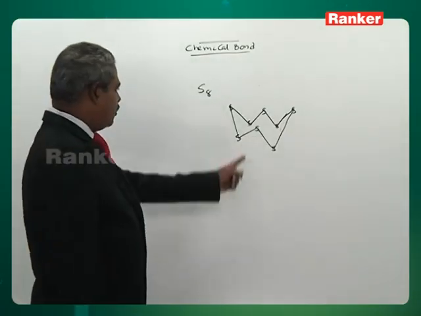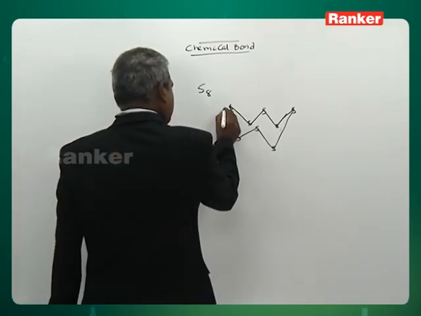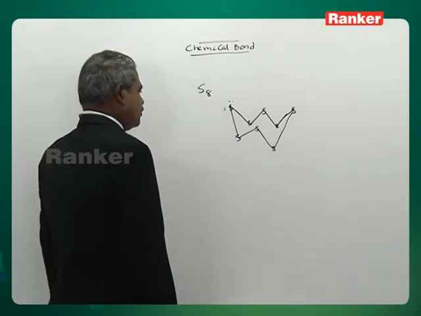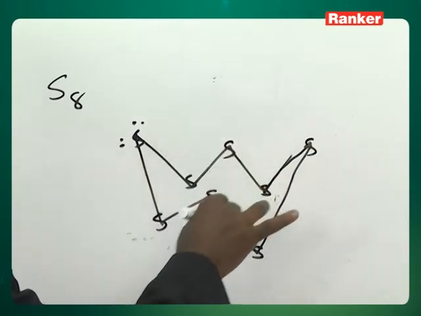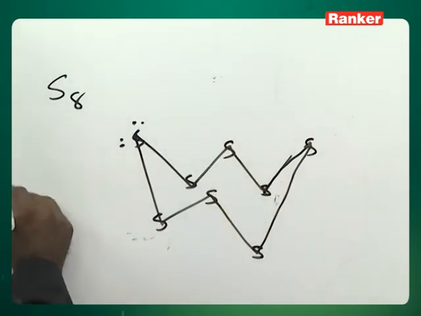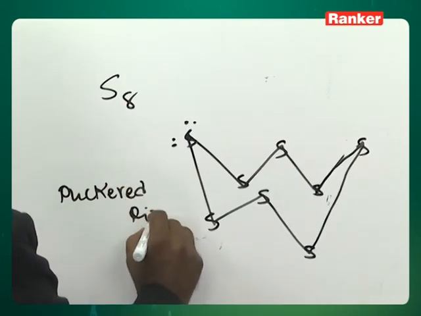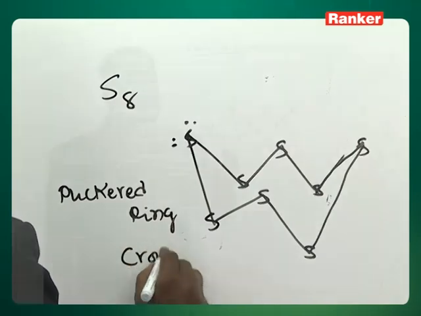You have got a crown-like structure or a puckered ring structure because each sulfur is forming two bonds and two lone pairs. Two bond pairs, two lone pairs, V shape. Here also V. Around each sulfur the configuration is V. This is called a puckered ring structure, or a crown structure.